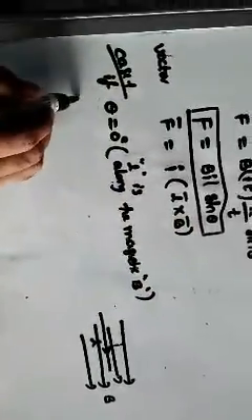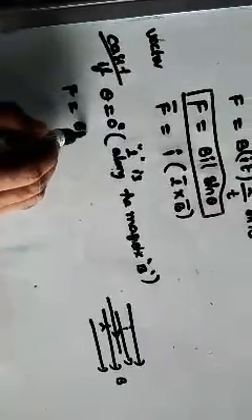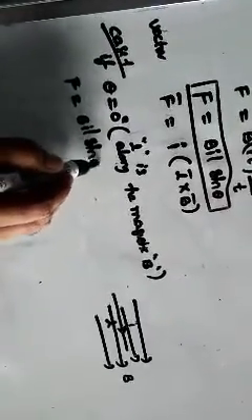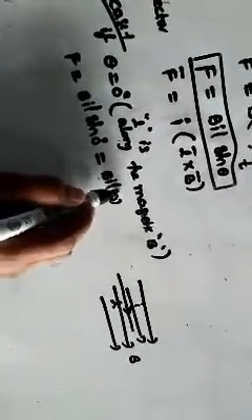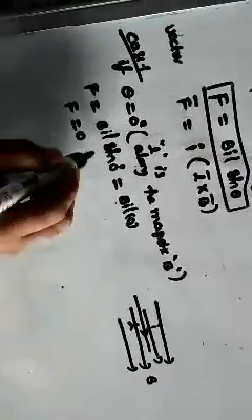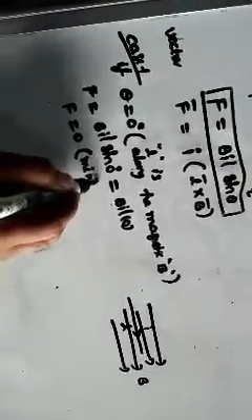Substituting, force F is equal to BIL sine 0 degree. Sine 0 is 0, so BIL into 0, simply the force acting is 0. This is the minimum force.